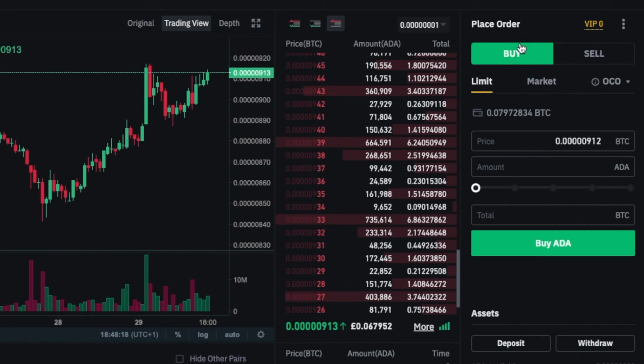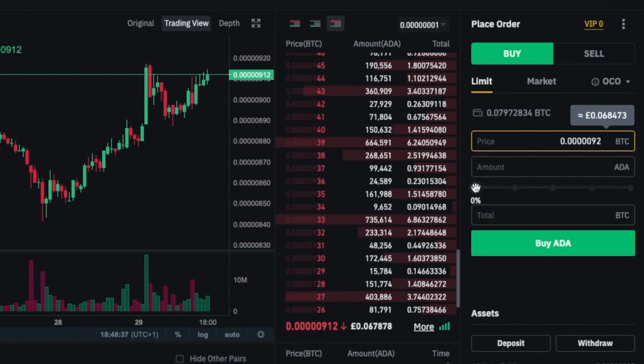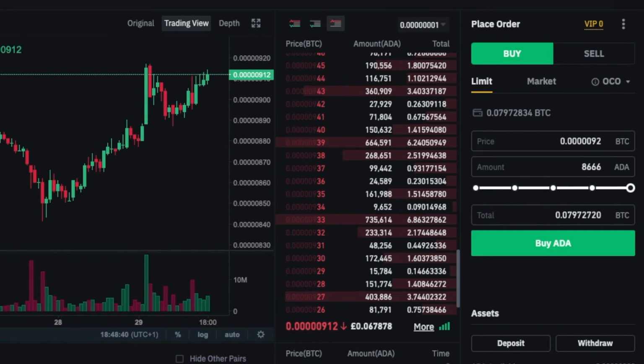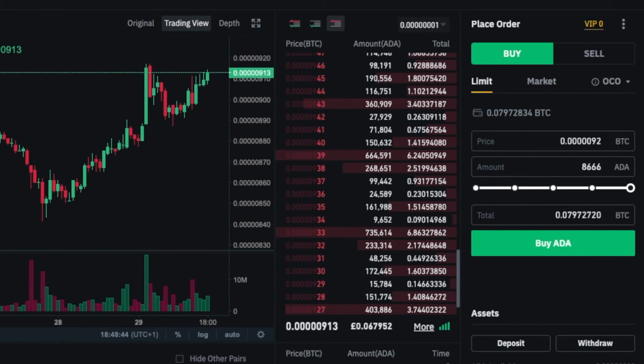If I wanted to buy ADA, currently I've got 0.079 BTC, so I could do a limit order, which means I can buy it at a certain limit. I can say when it reaches that price, then I want to buy with 100% of my BTC.